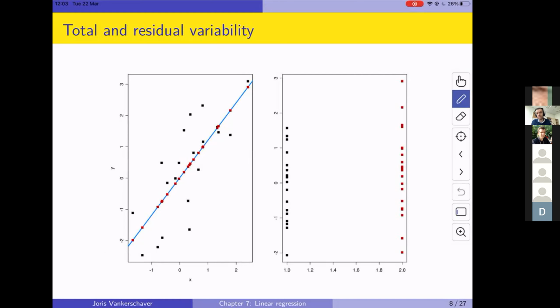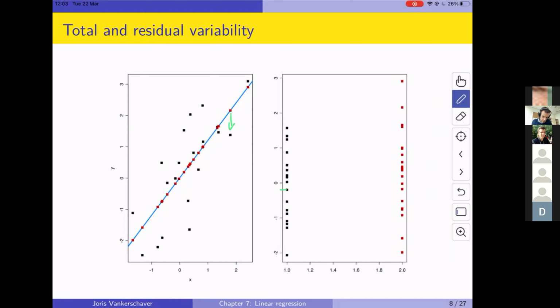Maybe to unpack it a bit, what do I mean by predictions? I ask my model for each X value, what do you think the corresponding Y value is going to be? Since it's a linear model, it's going to give me something on the line. Now I can compare that prediction with the actual observation.